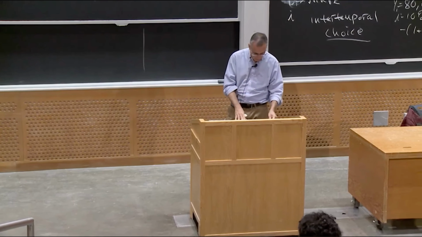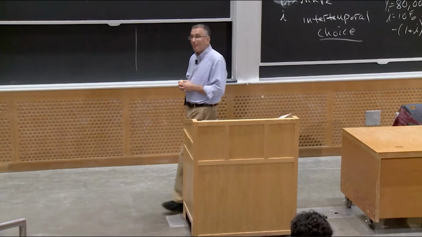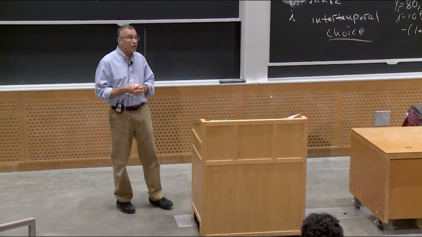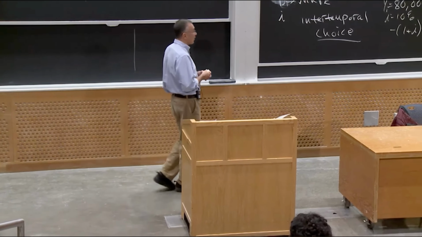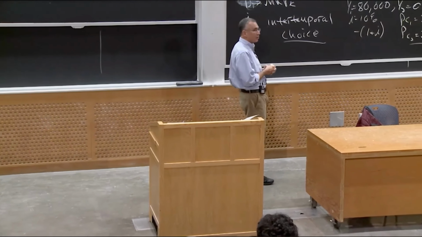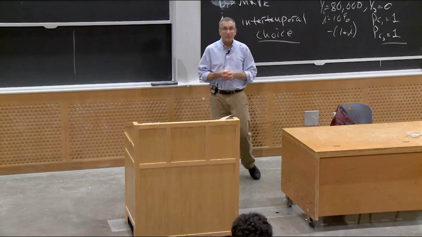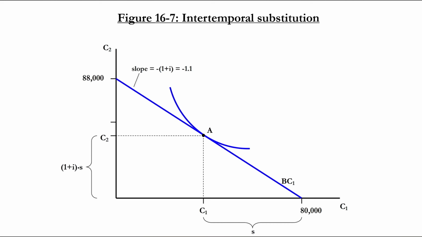In this case, it happens through saving in the bank. By saving in the bank, I turn $1 today into $1.10 tomorrow. $1 in period 1 into $1.10 in period 2. And that's what's happening here. So my optimal consumption in this case is C1 in period 1. I say, well, look, given my impatience level, I want to consume C1 in period 1 in figure 16.7.